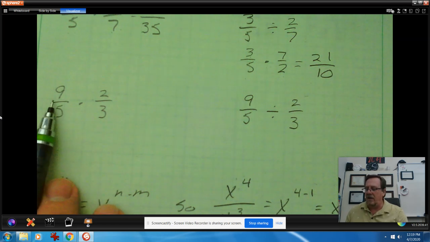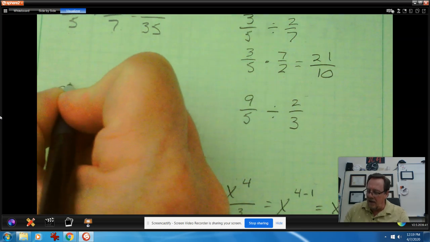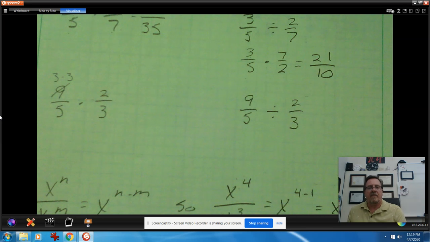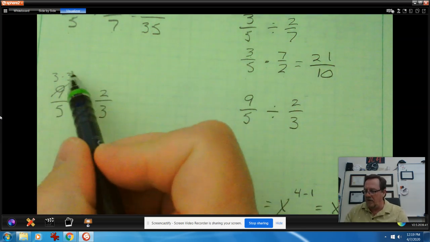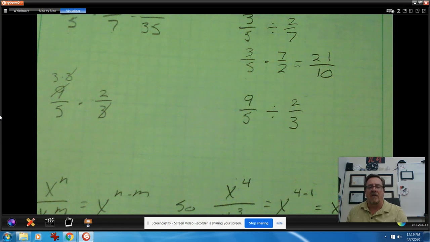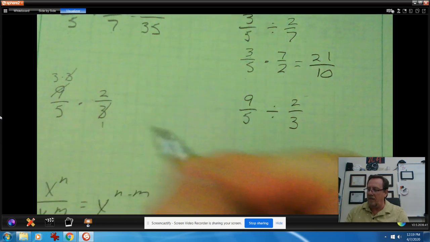So I could think of 9 not as 9, but as 3 times 3, and then cancel out a 3 from the top with a 3 on the bottom, or divide 9 by 3 and get 3, and divide 3 by 3 and get 1.